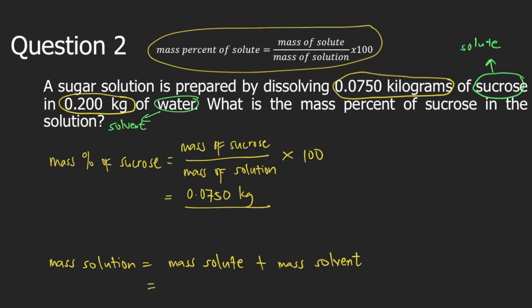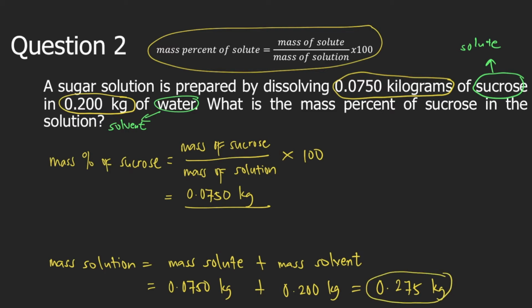The mass of solute is 0.0750 kilograms of sucrose plus the mass of solvent, 0.200 kilograms of water. So 0.0750 plus 0.200 is equal to 0.275 kilograms. So this is the mass of solution.